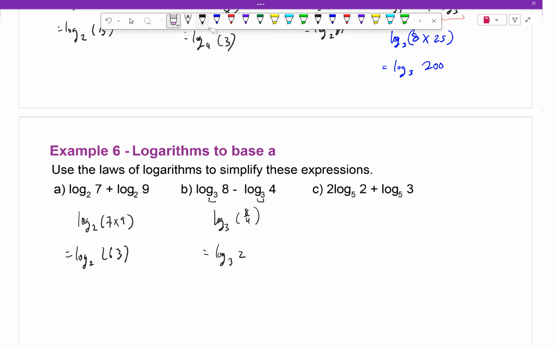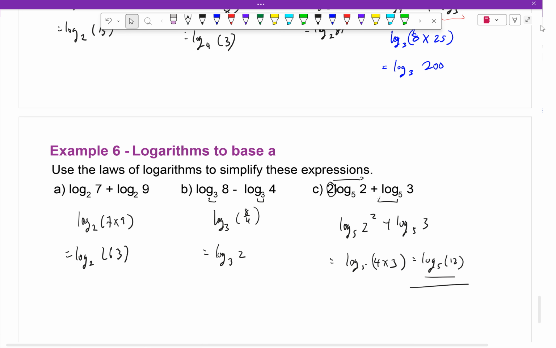Now, this one has a constant and this one doesn't, but we see the base is the same, so we have to use the power law. So log base 5 of 2 squared plus log base 5 of 3, which is the same as log base 5 of 4 times 3, which is the same as log base 5 of 12. And that is the end of lecture 1. Alrighty.